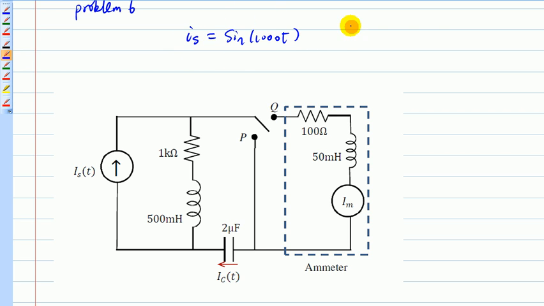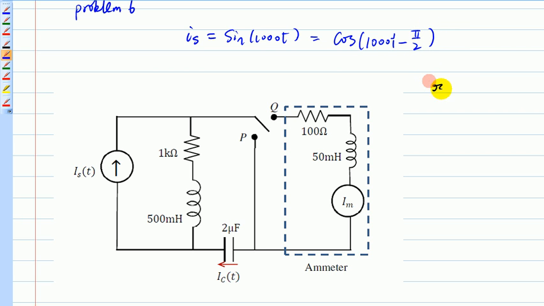A phasor is a complex number. First of all, the phasor for the input here. In the class, we said it's cosine omega t. But this is sine omega t. So sine omega t is equal to cosine of omega t, with omega t being 1000 t, minus 90 degrees. So here's your phase, basically.